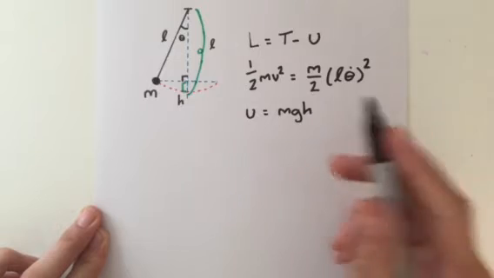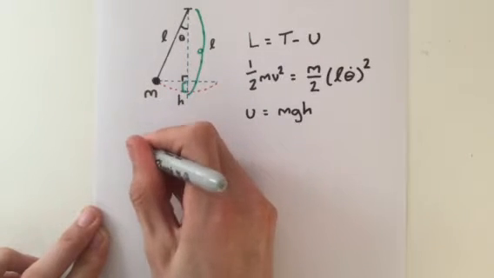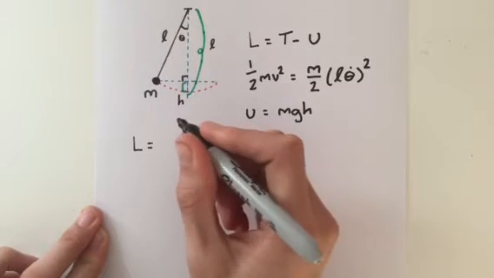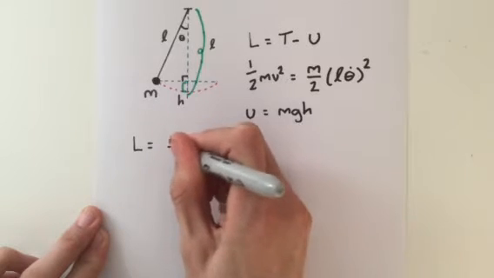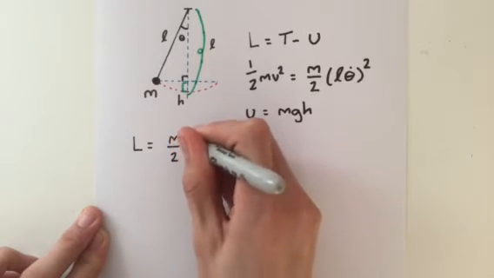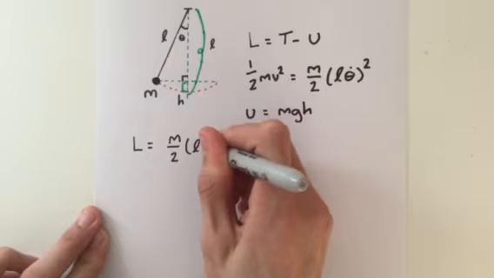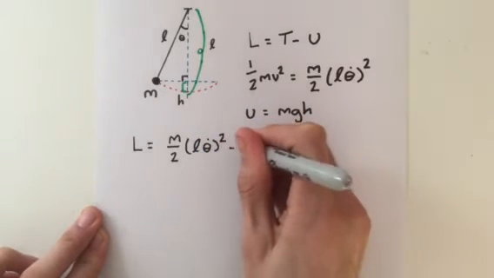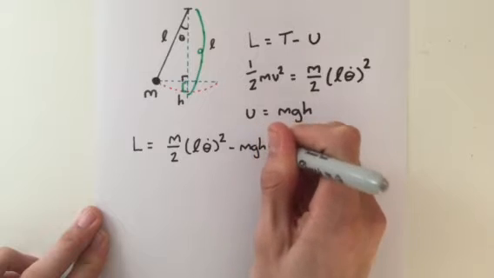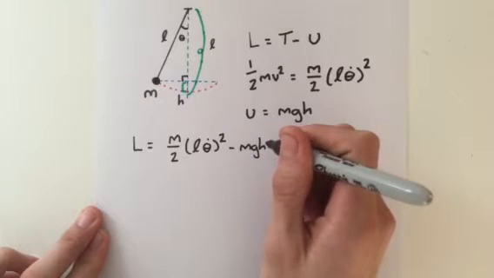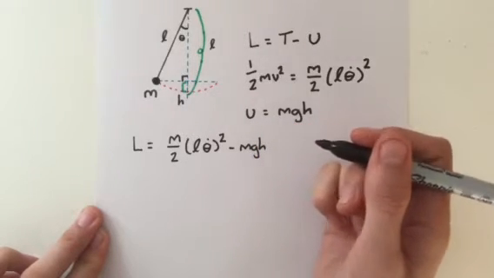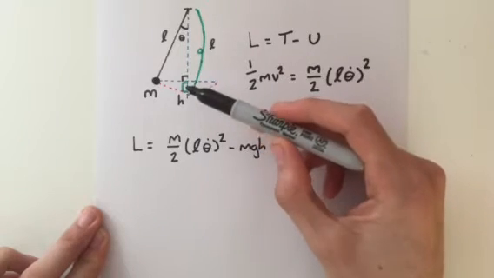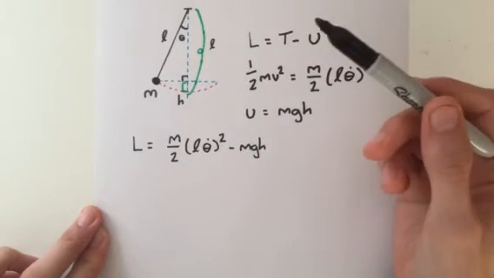Okay, so overall our Lagrangian is going to equal m over 2 multiplied by L theta dot all squared minus mgh. Okay, so what is h? We need to get it in terms of L and theta.